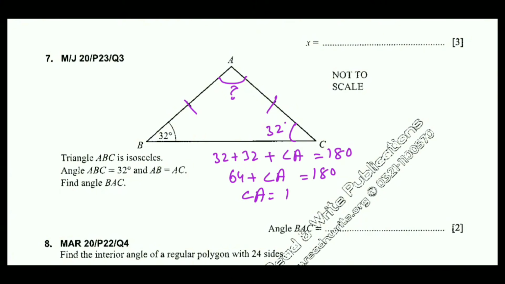Angle A is equal to 180 minus 64, and that is 116. So angle BAC, or angle A, is equal to 116. So we have used the isosceles triangle property here.